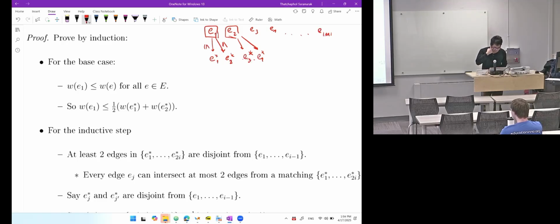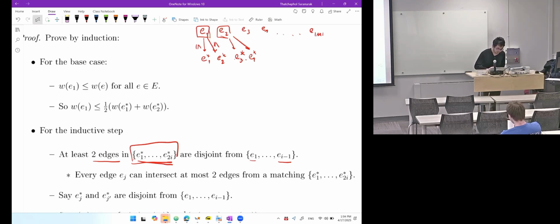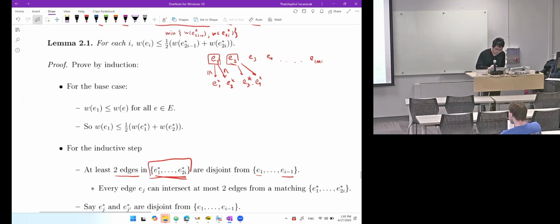I claim that if you look at the first two i edges in M star, there's going to be at least two edges in this set that are still disjoint from E1 up to E_{i-1}. So now I want to prove this.